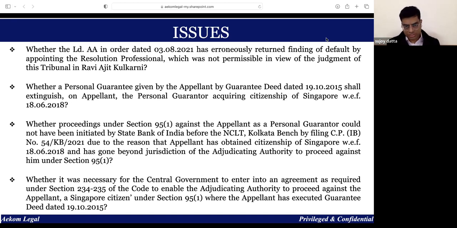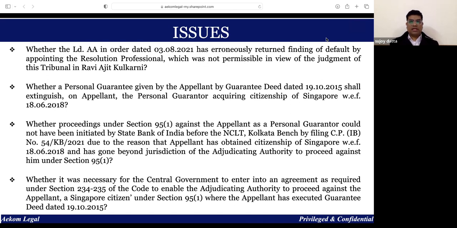So that's a premature decision. This is the ratio given in Ravi Ajit Kulkarni. So one of the issues in this case was whether, while referring the matter to the resolution professional, the NCLT held that there's a default, and thus the judgment of Ravi Ajit Kulkarni was violated. And you see again the question of stare decisis come, that the ratio of the previous judgment was not followed here, hence the judgment was bad in law.